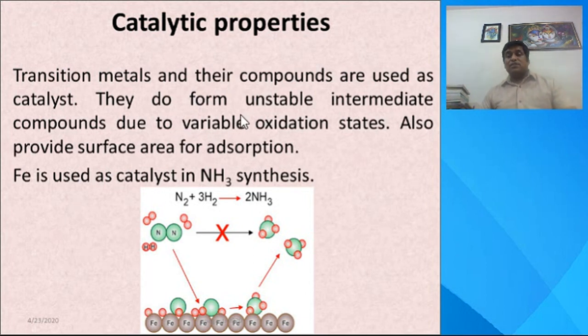Because of variable oxidation state, since their oxidation state varies, that means now the metal is in +2 state, by losing one electron it can be +3, again by gaining an electron it can be +2. Because of this variable oxidation state, these metals do form unstable intermediates between reactant and products, which helps in catalysis.